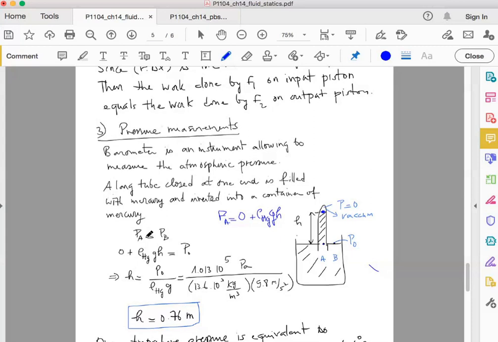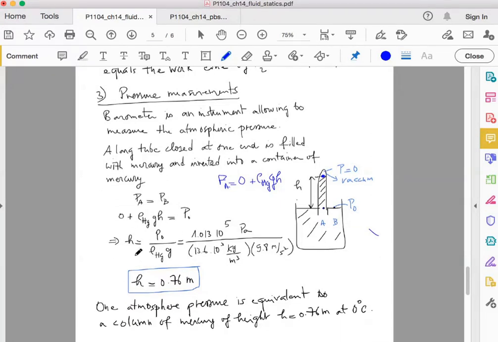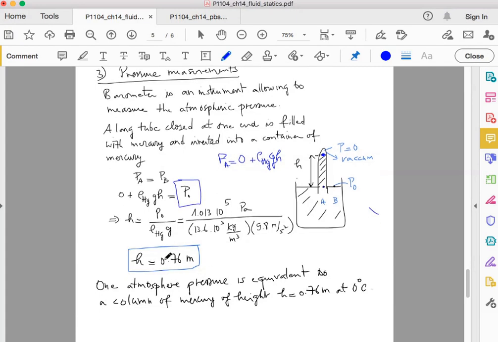So we just put PA equals PB, and we get what H is. If we fix the atmospheric pressure at 1.013 times 10 to the power 5 Pascal, then we can see how much mercury we should see in the tube to have this value of the atmospheric pressure, and it comes out to 0.76 meters.